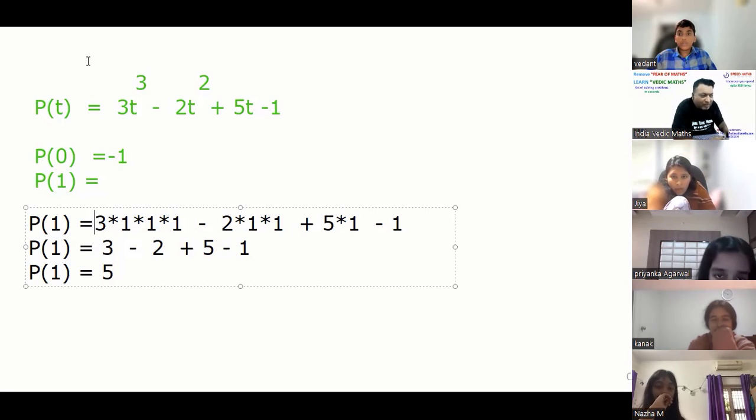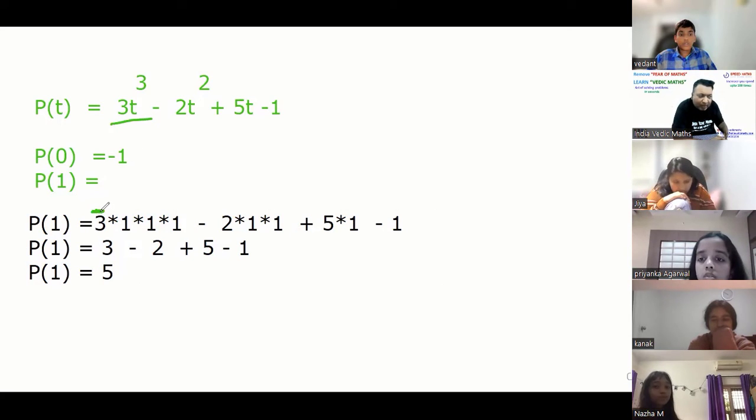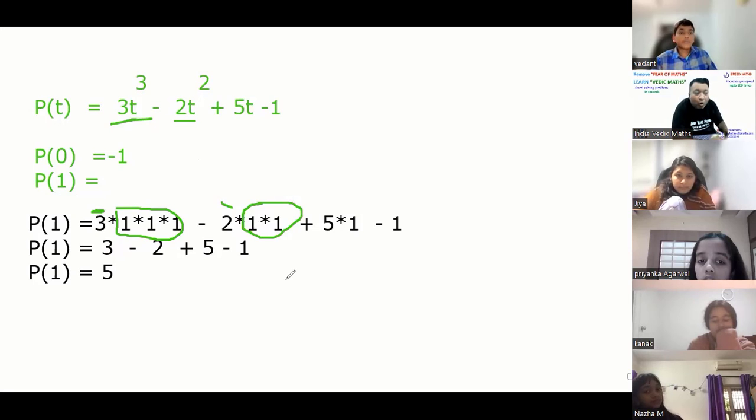No, I have put the value everywhere. See what I have done. 3t cubed, so 3 here, t cubed. 2t squared, 2 as it is, t squared. I always put the value of the variable. Always.